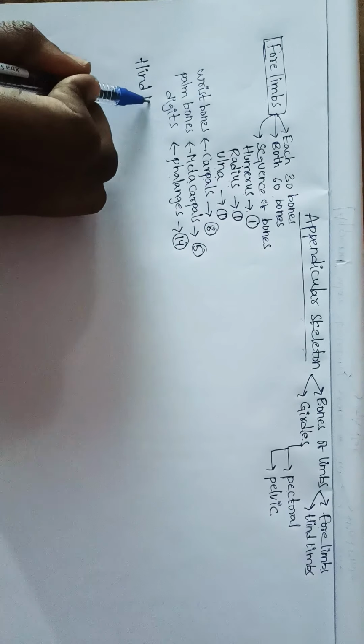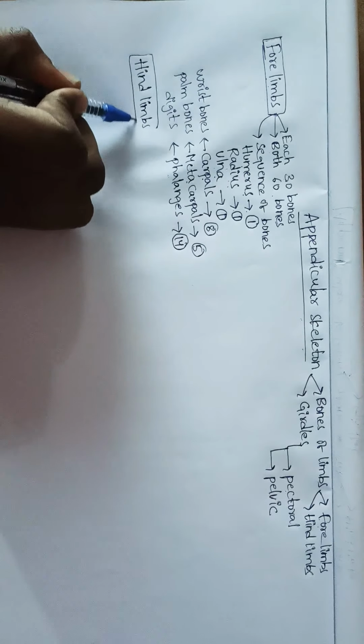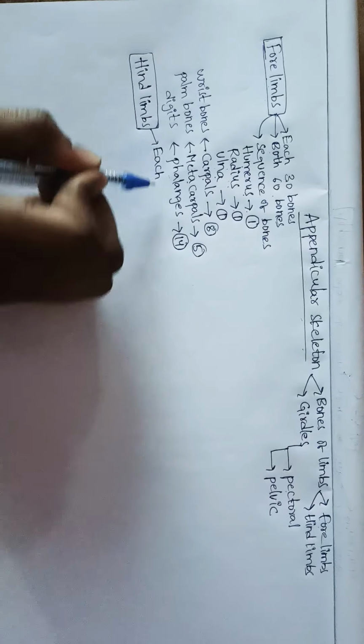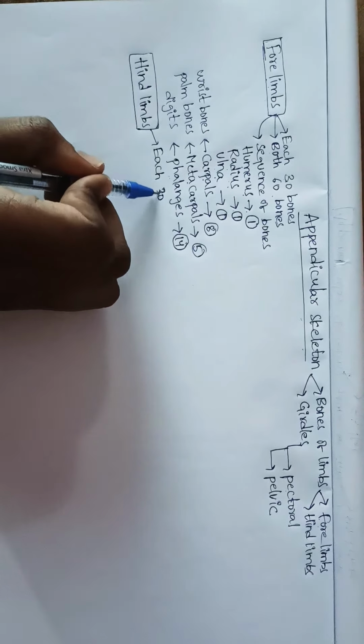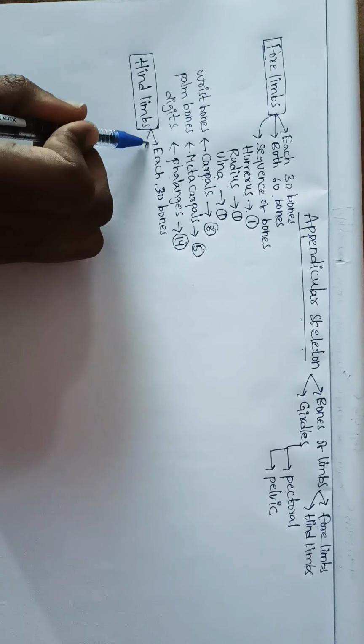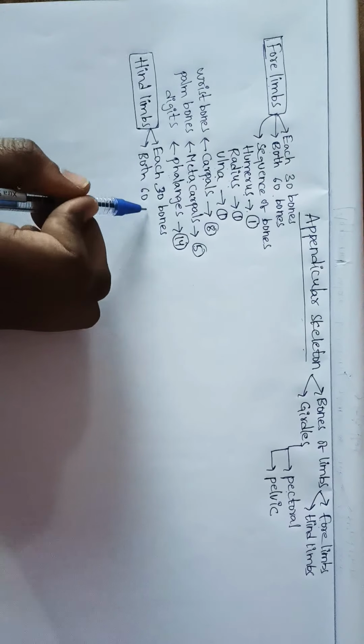Next, hind limbs. Each hind limb also contains 30 bones. So total bones in both hind limbs are 60 bones.